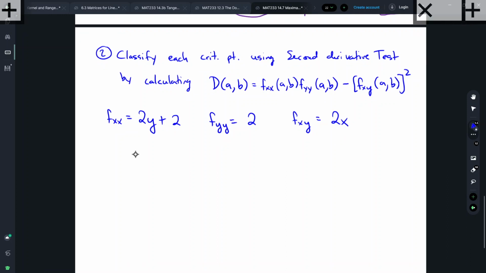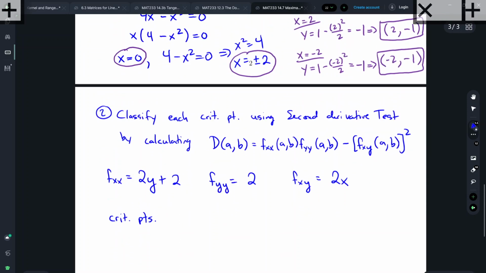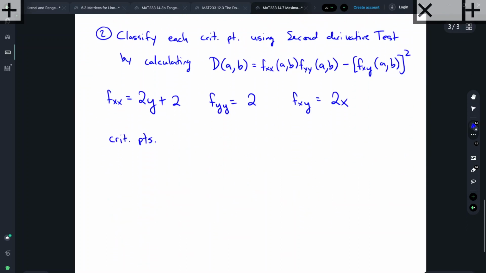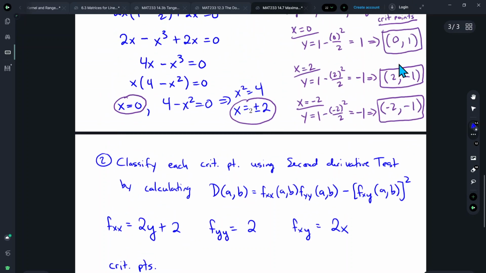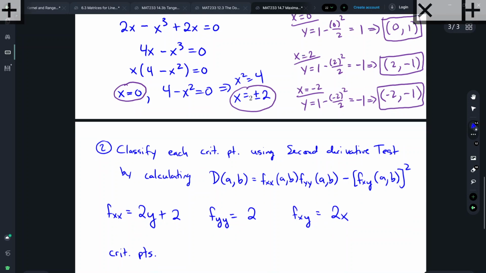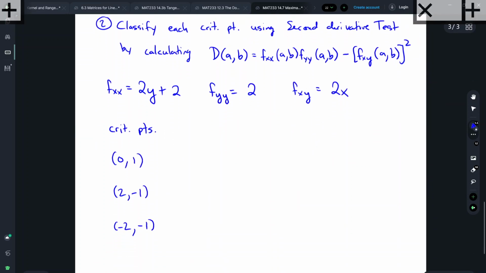So I have my 3 critical points, right? So let's list them here. It's 0, 1, and then 2, comma, negative 1, and then negative 2, comma, negative 1. So those are my three critical points.